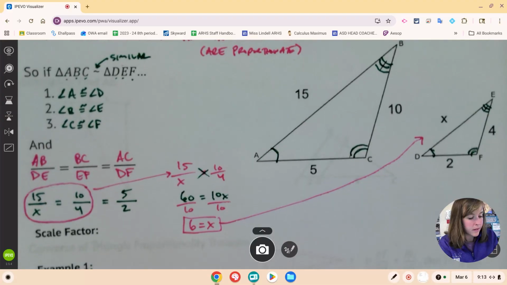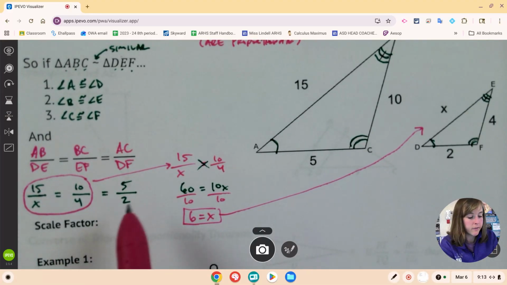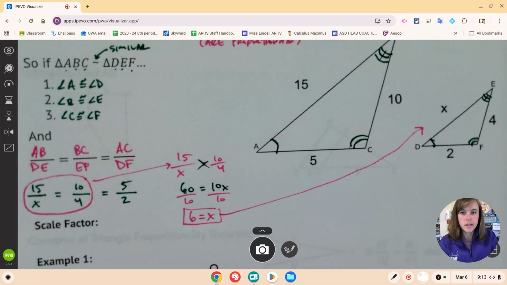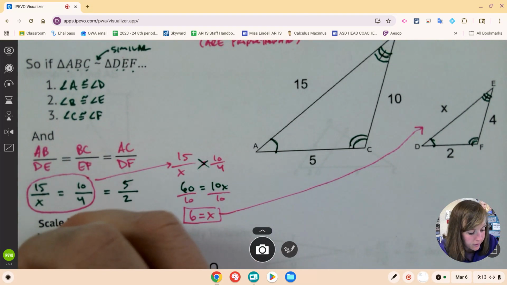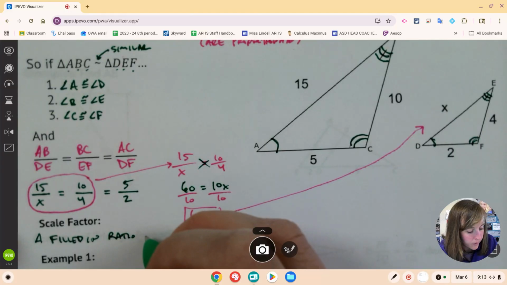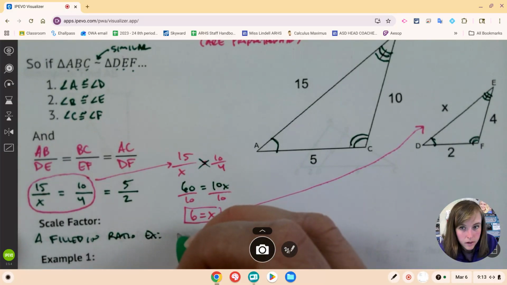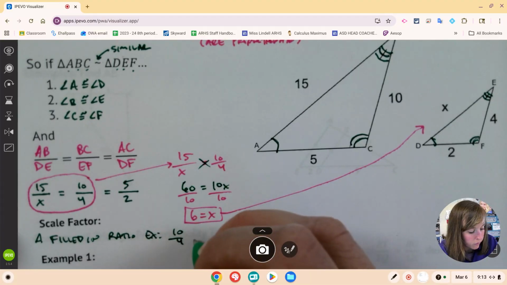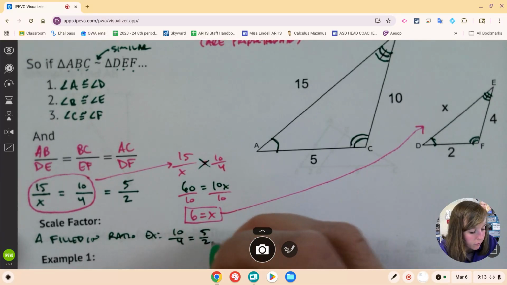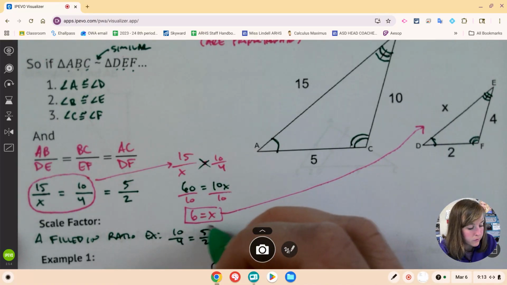Another interesting thing here is we can talk about the scale factor. The scale factor you can find by just picking any of the ratios that are filled in with two numbers. So the scale factor is a filled in ratio. For example, on this one, you could use 10 over 4. You could use 5 over 2. Those are the same thing because 5 over 2 is what 10 over 4 reduces to.